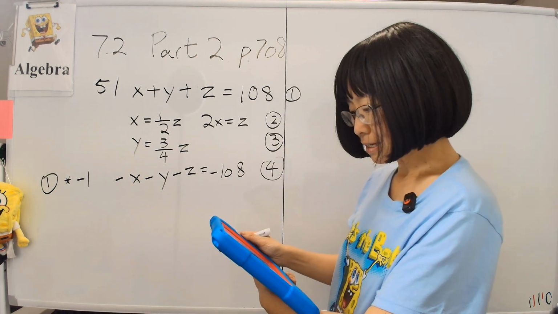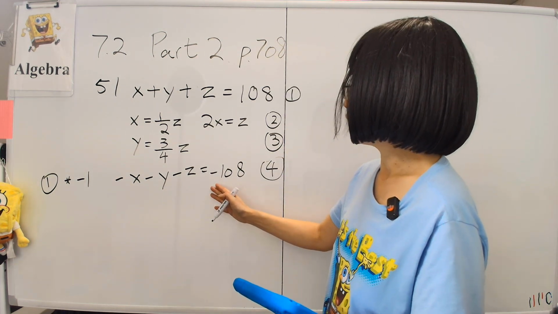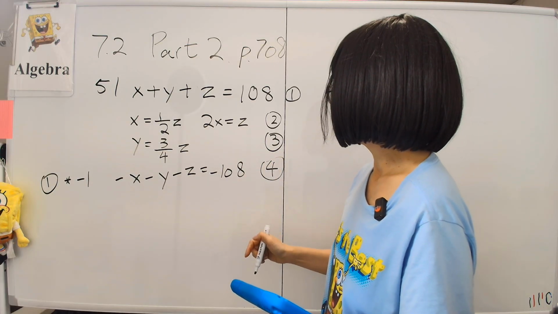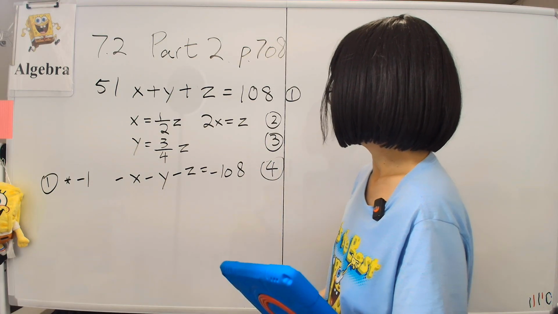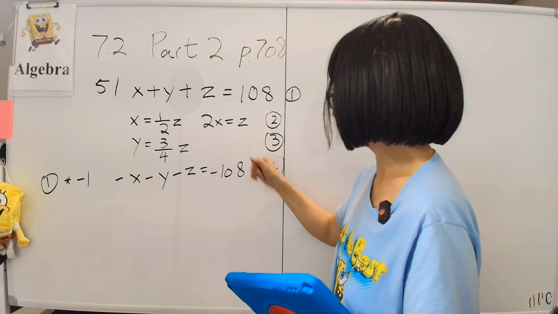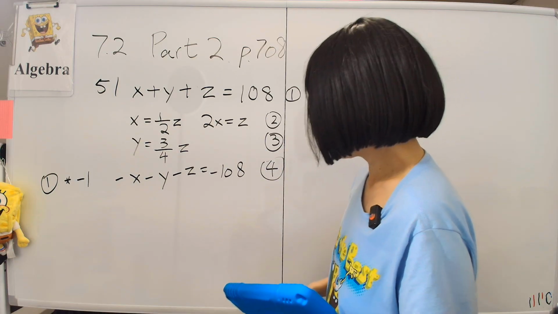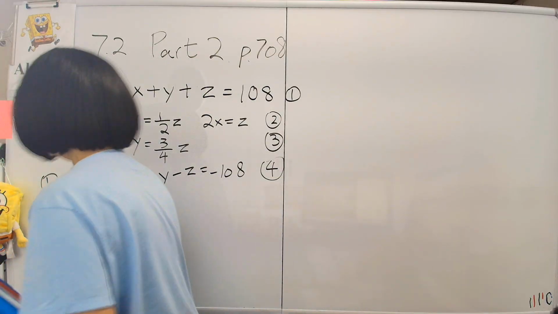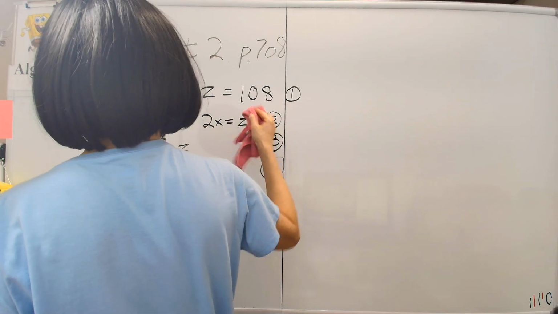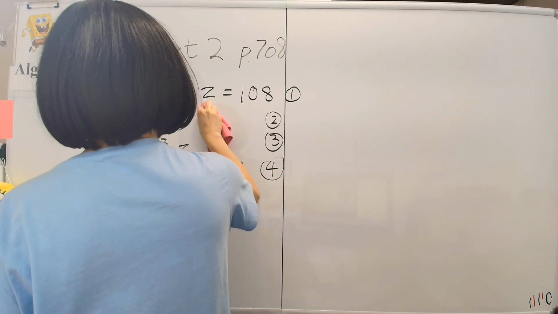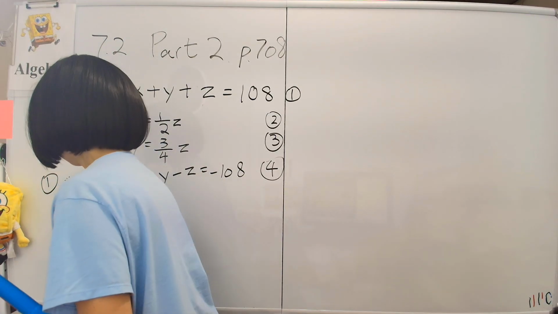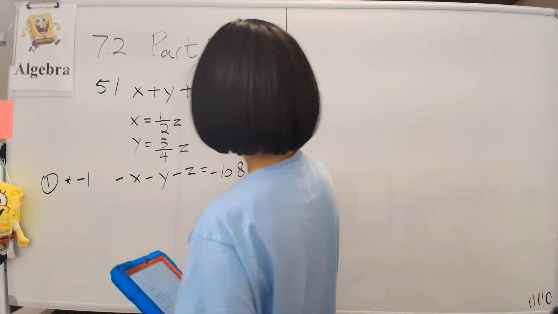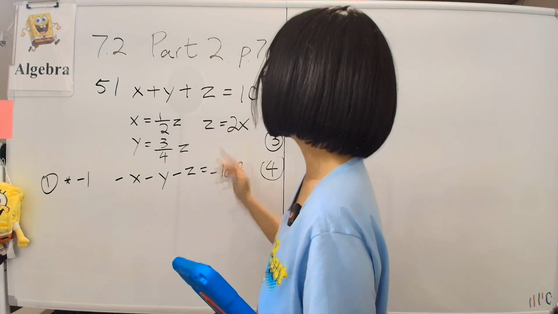And the next thing is we're going to take this and add it to equation 2. I wrote equation 2 in the wrong direction. Let me write it the way I wrote it before, with z on this side: z equals 2x. I just flipped them around.